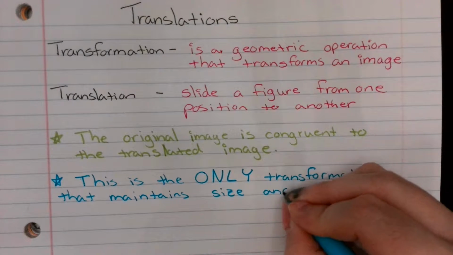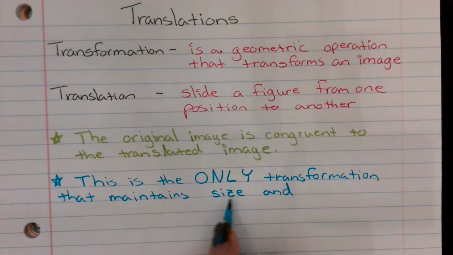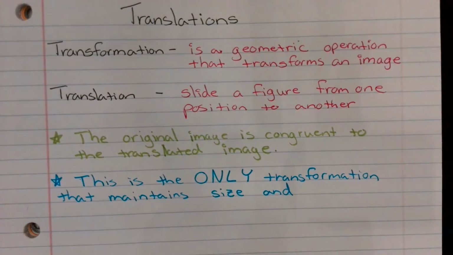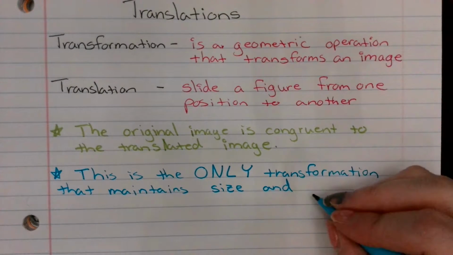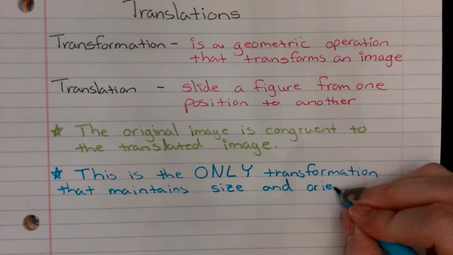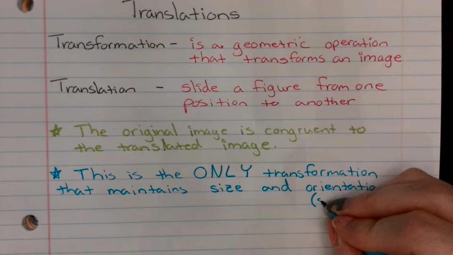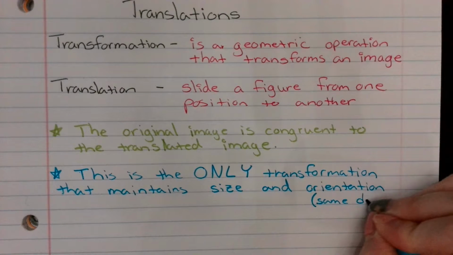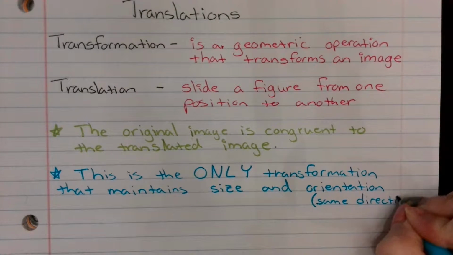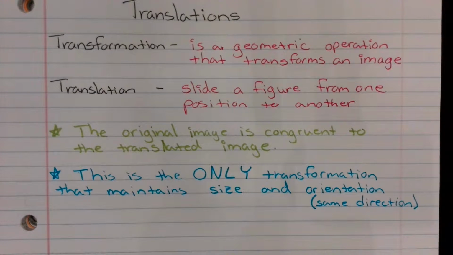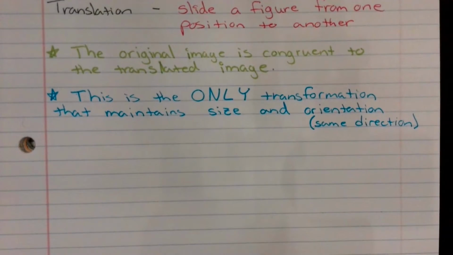Now there are other transformations that will maintain size, but translation maintains both size and orientation, which is direction. The other transformations will have an effect on the orientation, and then there's another transformation that has an effect on the size.